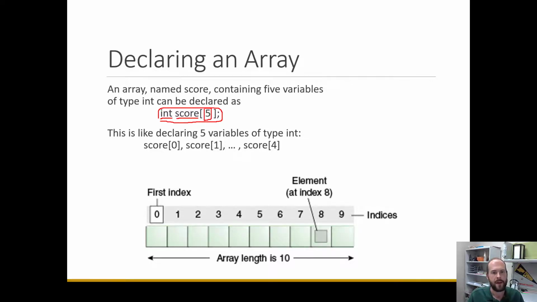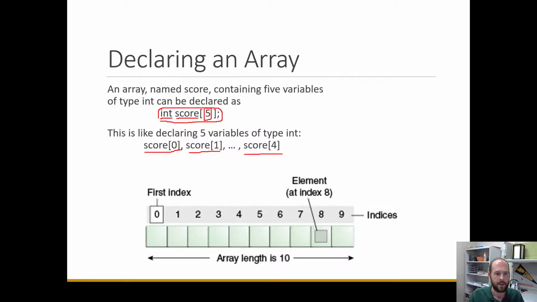Essentially, it creates 5 separate variables, and they're all under the same name, just with a different index. The index is the number of the element in your array. So saying int score[5] is like saying you create score[0], score[1], score[2], score[3], score[4]. And so that's 5 total, 0 through 4.